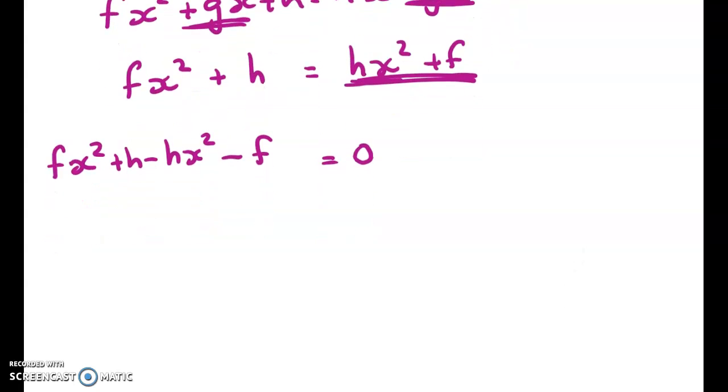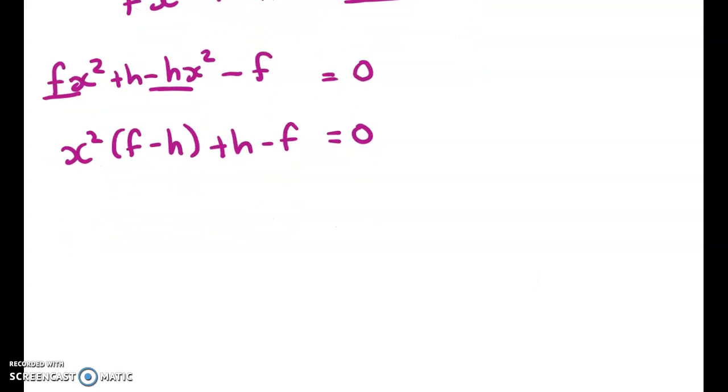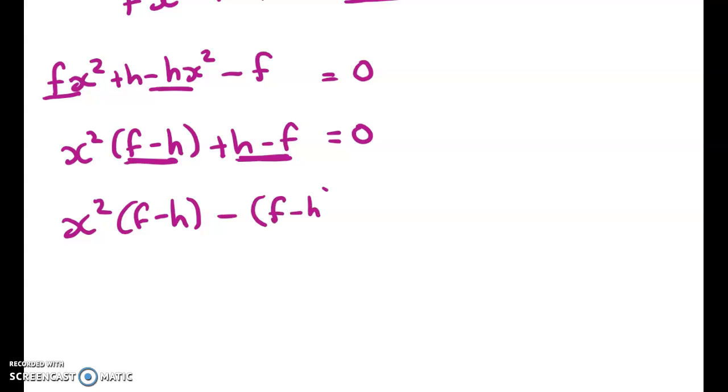I'm going to collect up like terms and take out some common factors. So in here I get x squared times f minus h plus h minus f equals 0. But if you notice what I've got here, I've got f minus h here, and I've got h minus f here. I can rewrite this as x squared times f minus h minus f minus h is equal to 0.